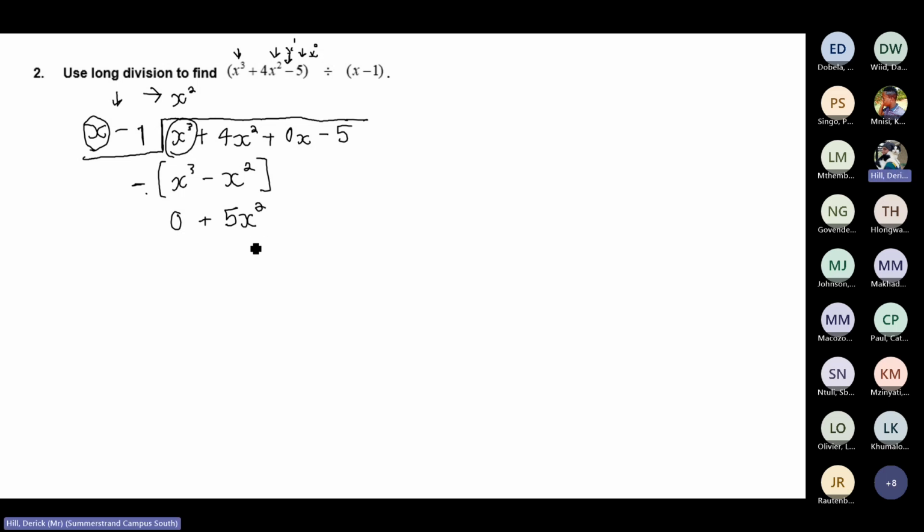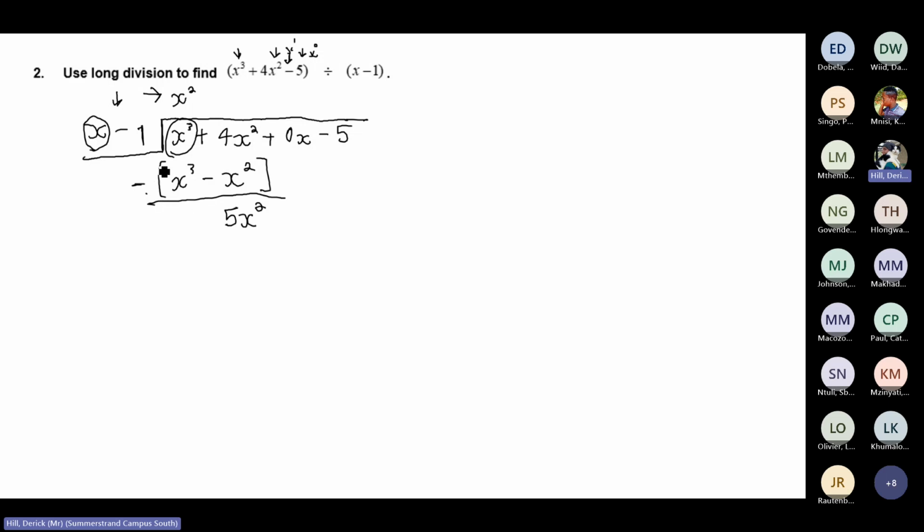Great. So I'm simply going to remove this 0 here. So what we care about now is this 5x squared.